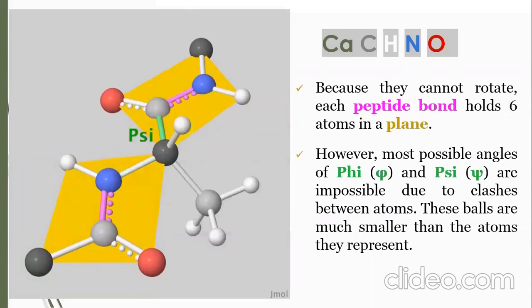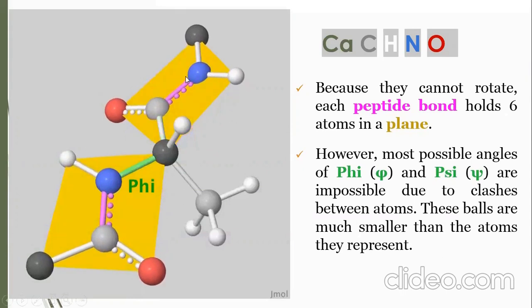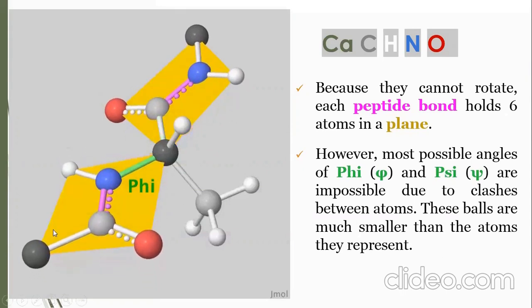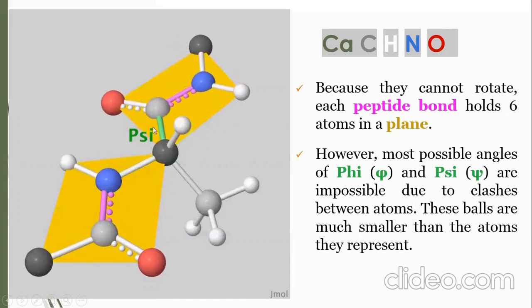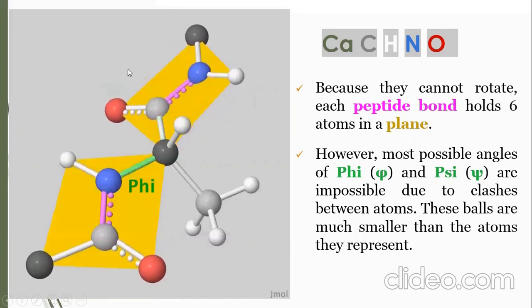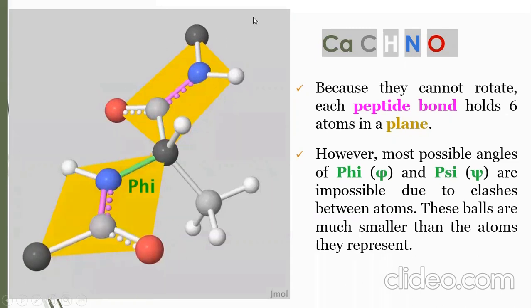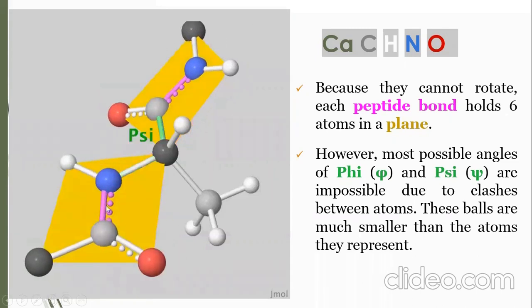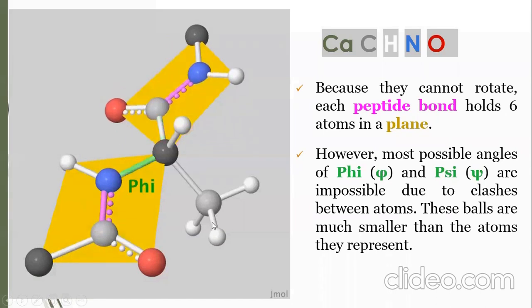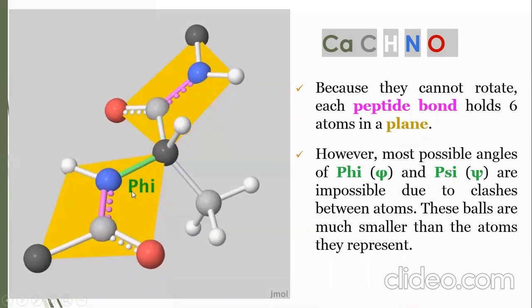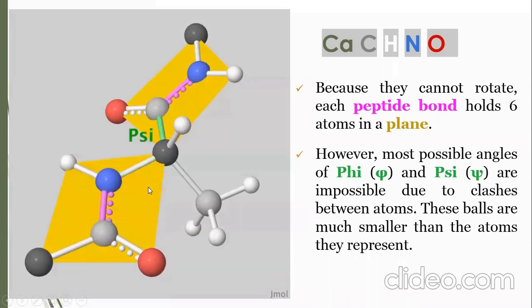So in a protein sequence, they will be like this. This is in one plane, this one will be in another plane, and this psi angle can move. So this will change the whole plane, and this phi can move, this will change the whole plane. Because they cannot rotate, each peptide bond holds 6 atoms in a plane.